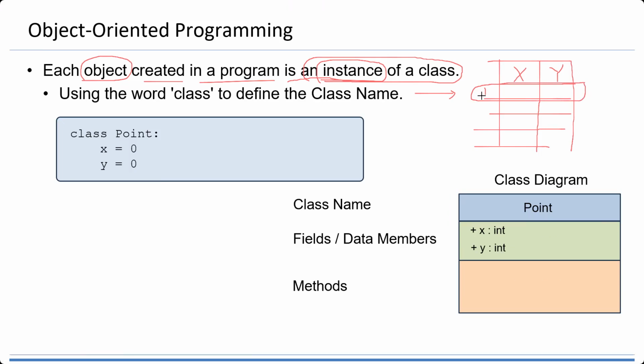So let's suppose the city number 1, the coordinate x is 5 and the y is 2. So we call this one instance. Or sometimes we call it one object. I have another city at the index 2. And the city index 2, the coordinate is 3, 3. So this is another instance.